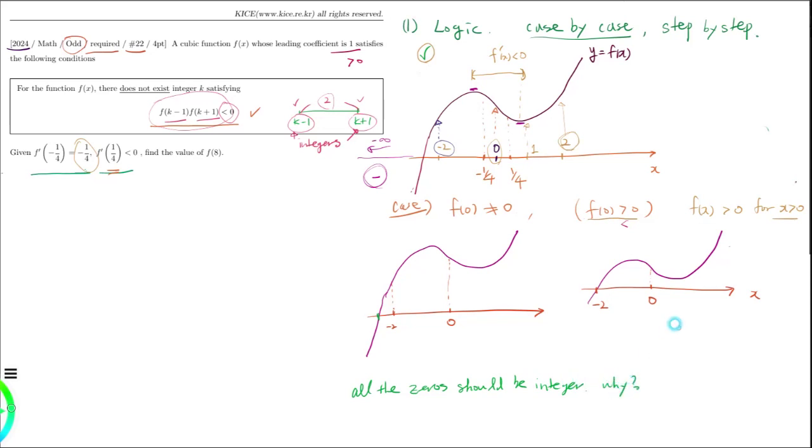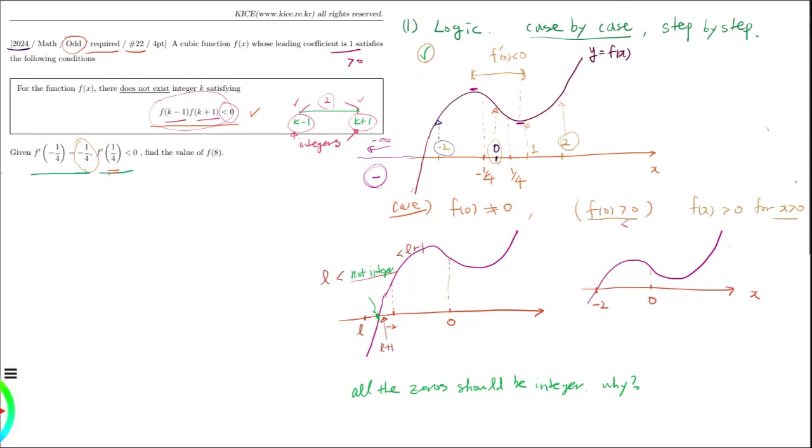Because if this zero, the only zero that this cubic graph has, is not integer, let's assume that this zero is not integer, there should be a predecessor integer L and its successor integer L plus 1 here, and this integer is strictly between L and N plus 1.